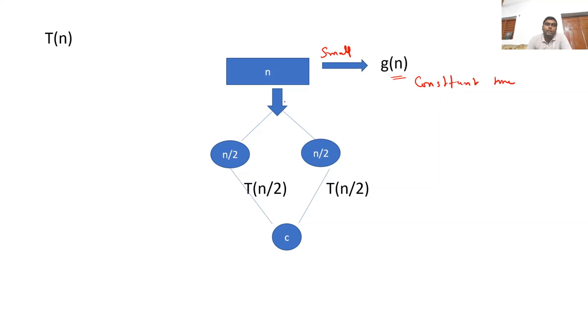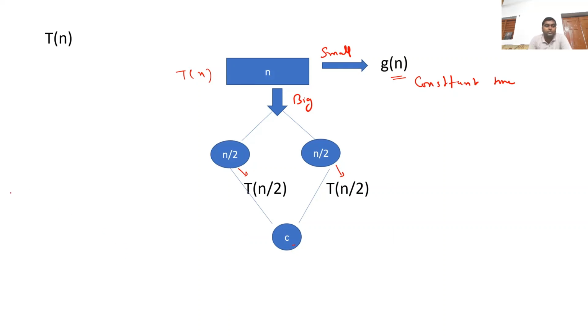If the problem is big, we break it into n by 2 and n by 2, two halves. For n the time taken is T of n, for this half it is T of n by 2, and for the other half it is T of n by 2. Finally, the combine step is this part.